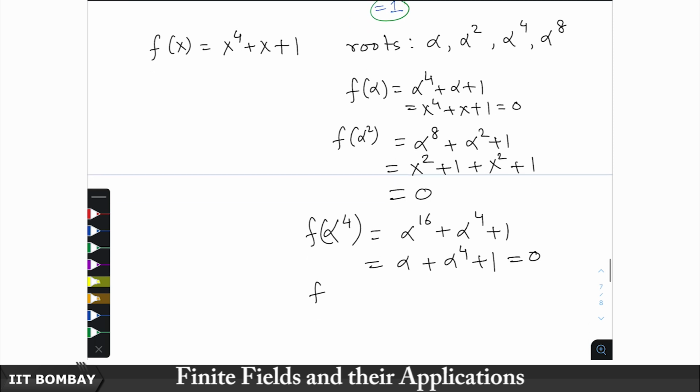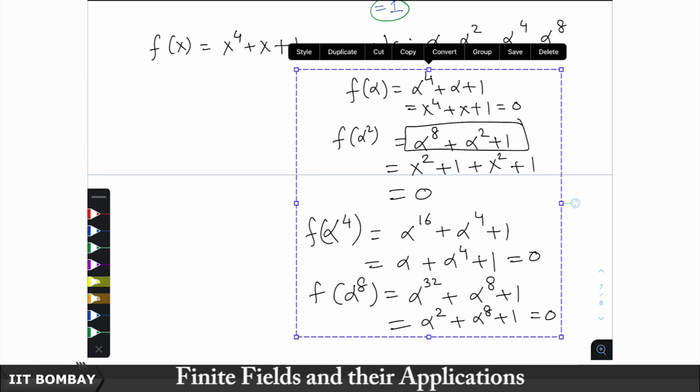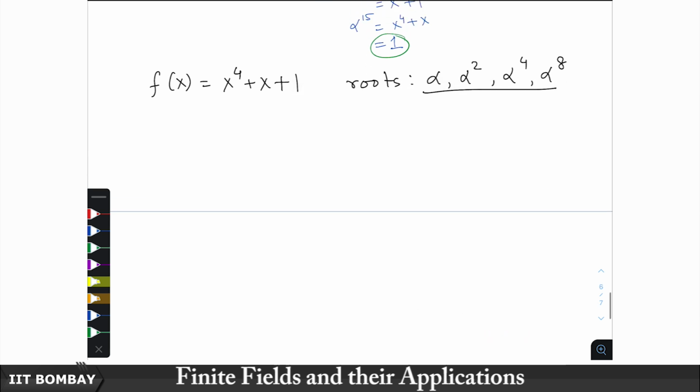And f of alpha^8 is alpha^8 times 4, which is 32, plus alpha^8 plus 1. Alpha^30 is 1, so it is alpha squared + alpha^8 + 1, and we have seen this is the same as the earlier term, which is equal to 0. So, you see that these are indeed the roots of this polynomial.